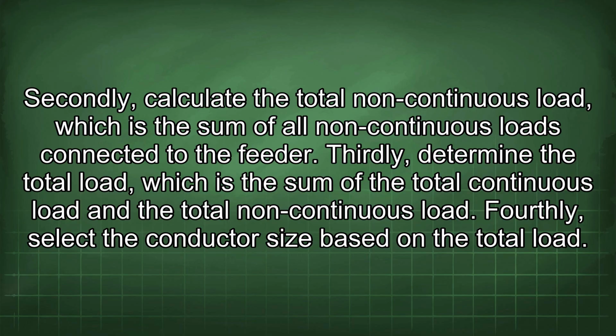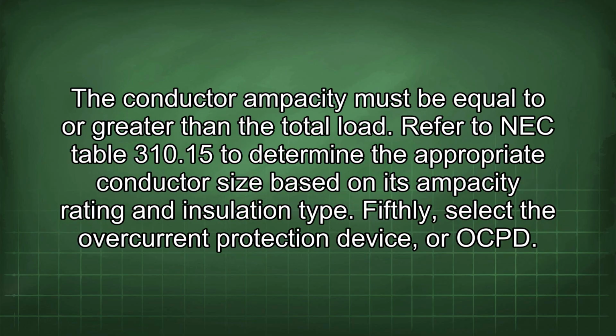Thirdly, determine the total load, which is the sum of the total continuous load and the total non-continuous load. Fourthly, select the conductor size based on the total load. The conductor ampacity must be equal to or greater than the total load. Refer to NEC Table 310.15 to determine the appropriate conductor size based on its ampacity rating and insulation type.